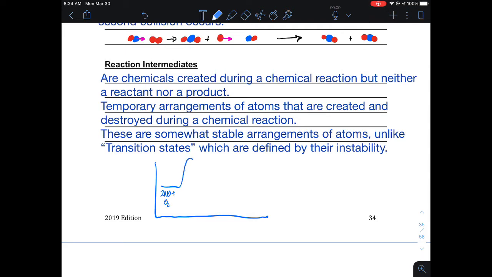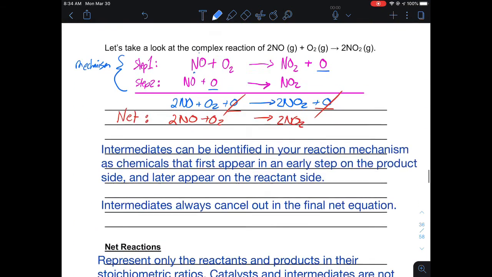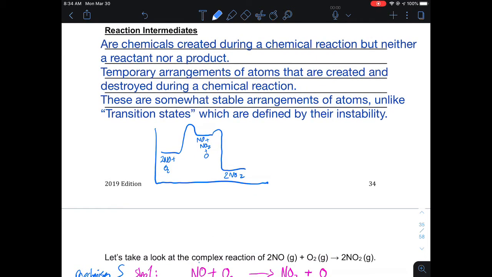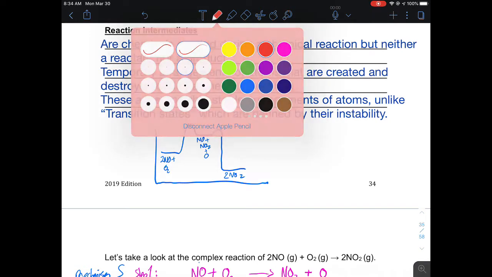There's initially some energy to cause that NO to collapse, but then there will be a little intermediate stage where we have 1 NO plus 1 NO2 plus 1 O. And then there'll be a little bit more energy, and then they can stabilize into their final arrangement, which is the 2 NO2s. So this is more or less what the reaction diagram probably looks like when we do this experiment.